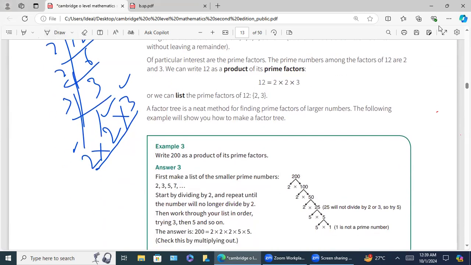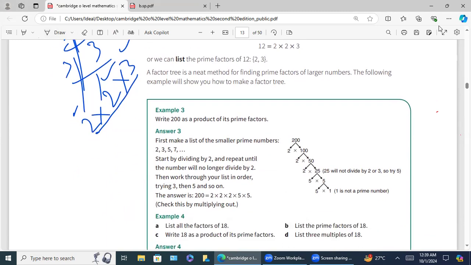Then example number 3, write 200 as a product of its prime factors. It is so easy. Also create the prime factors table. 200 divided by 2, we get 100, and then also 2, we get 50, then also 2, we get 25, 25 divided by 5, we get 5, and 5 divided by 5, we get 1.